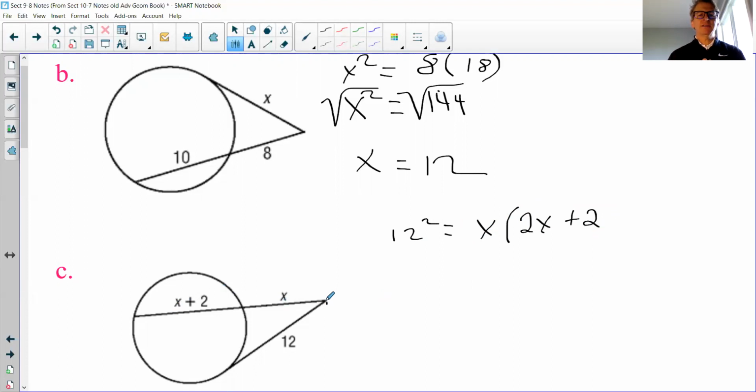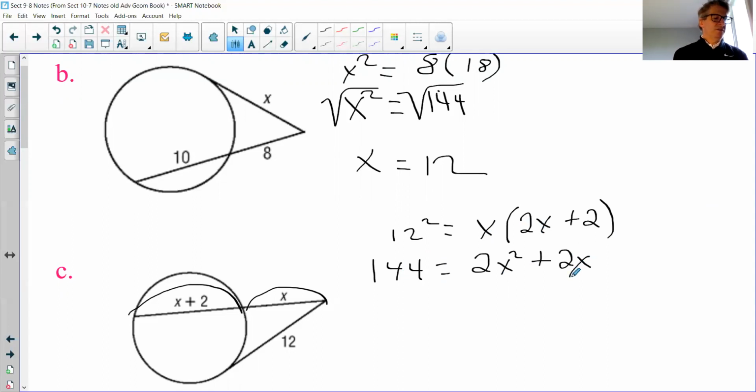Now you got x, and then you're going to add the x plus 2, so you end up with 2x plus 2. Well, 12 squared is 144, and that is equal to x times 2x, which is 2x squared, plus 2x.